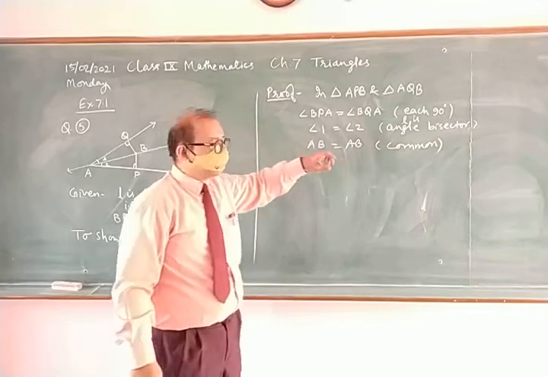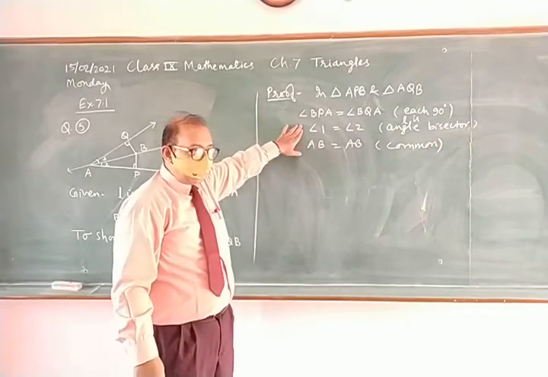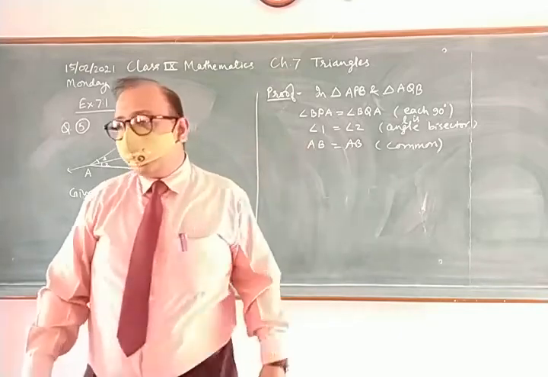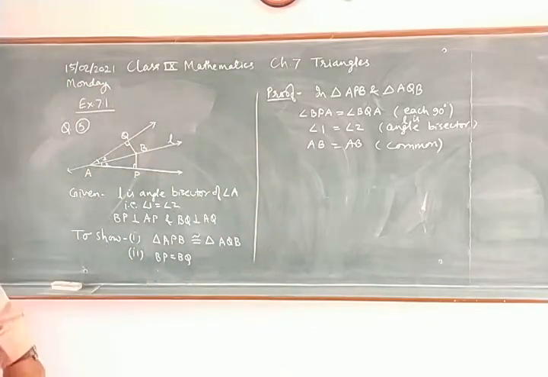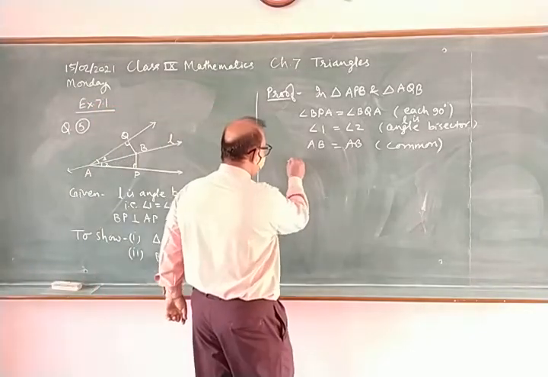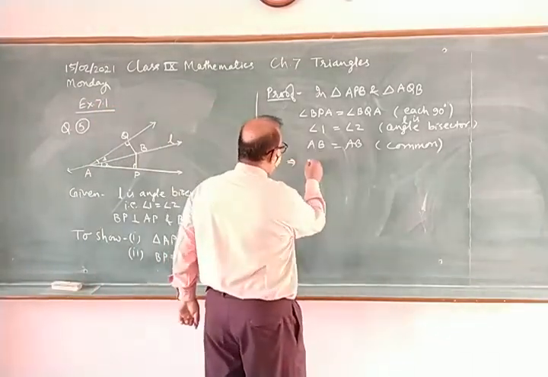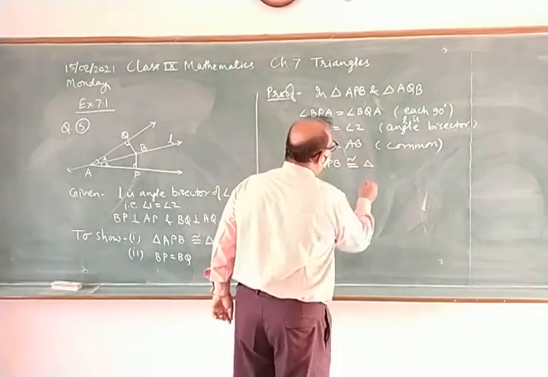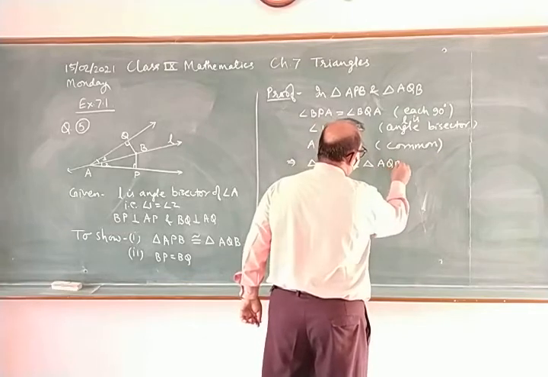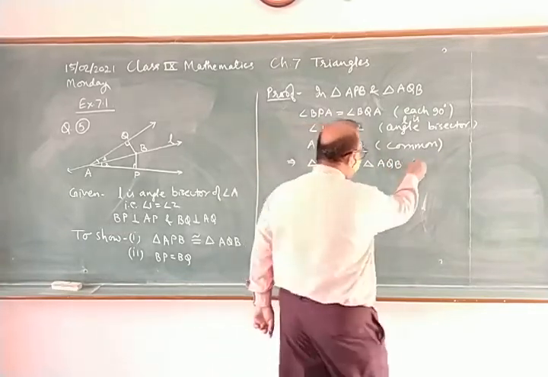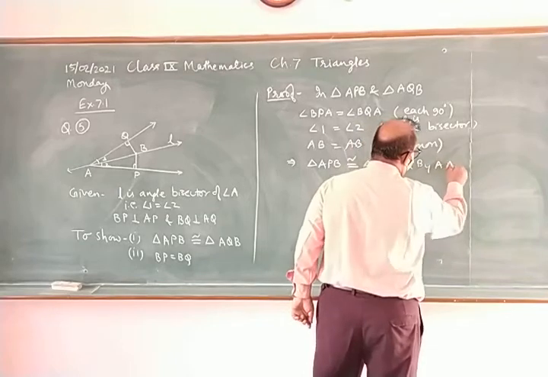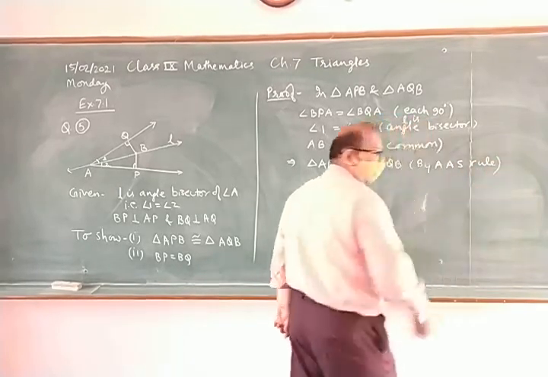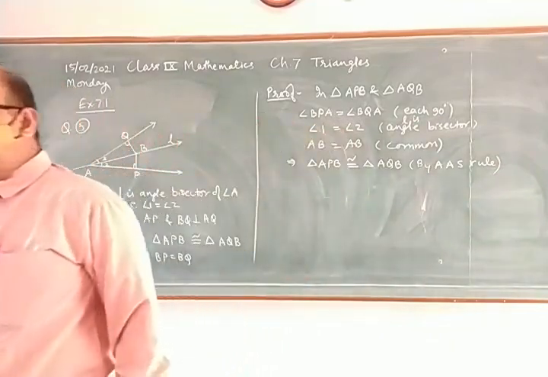Now you see angle, side, angle congruency. These two triangles are congruent. So triangle APB is congruent to triangle AQB by the angle-side rule. Clear? Yes, sir.